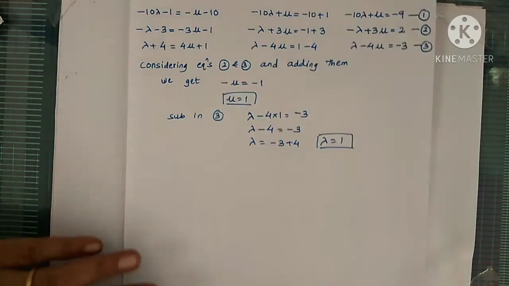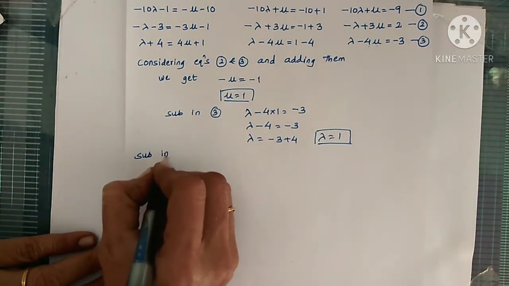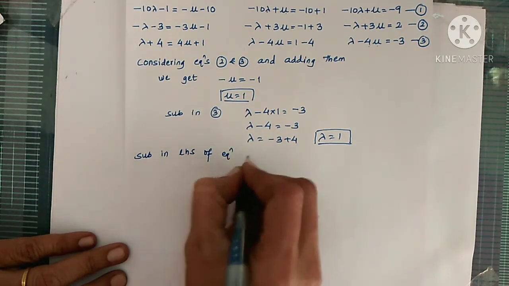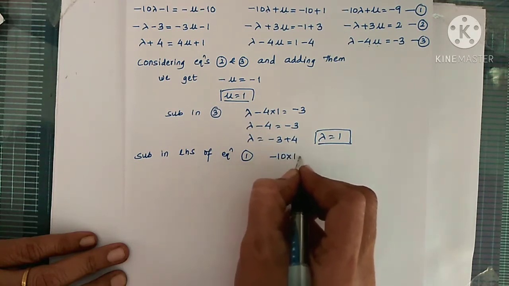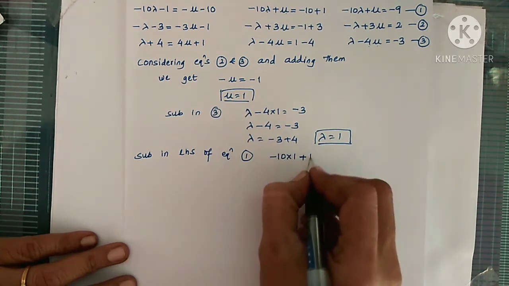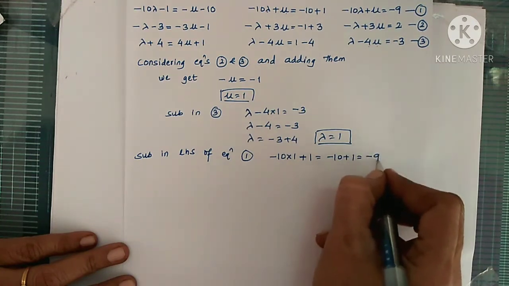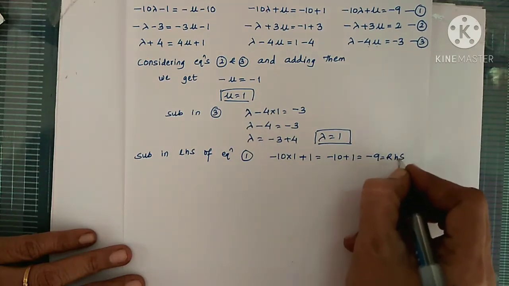So substituting lambda and mu in the left hand side of equation 1, we have minus 10 into 1 plus mu is 1, that is minus 10 plus 1 equal to minus 9, and that is the right hand side of equation 1.